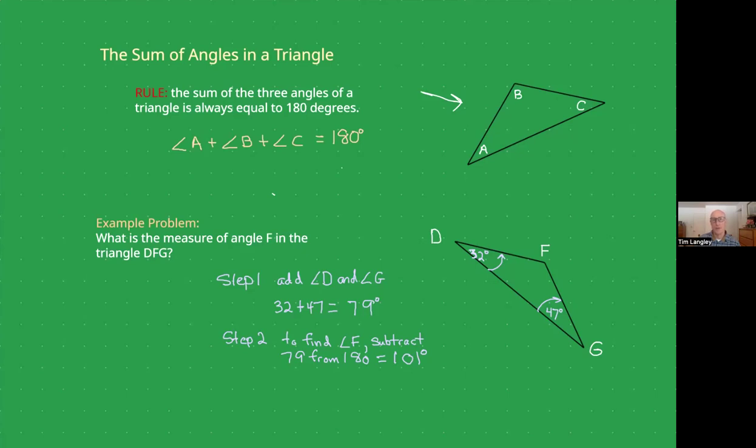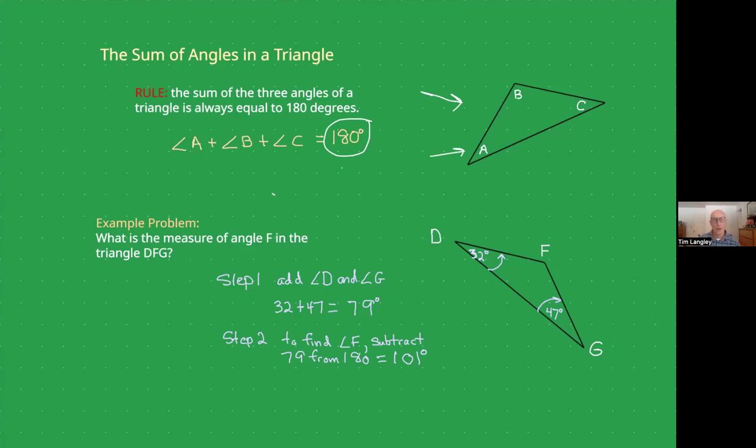That's a magical rule that helps us figure out other angles, since we know the total is 180. If I add angle A plus angle B plus angle C, it will always add up to 180, no matter what the shape of the triangle.